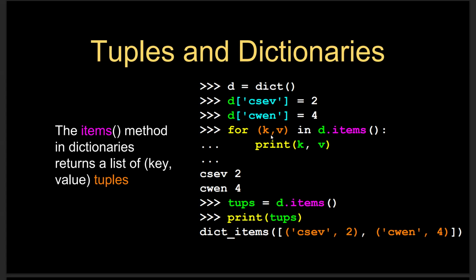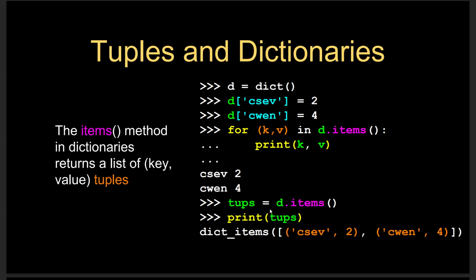For that purpose, you use two variables: for k, v in d.items(). d.items() gives the items present in the dictionary, and we get the key-value pairs through k, v. When you print k, v, you see csev is the key and 2 is the value, cwen is the key and 4 is the value. Like that, key-value pairs will be printed.